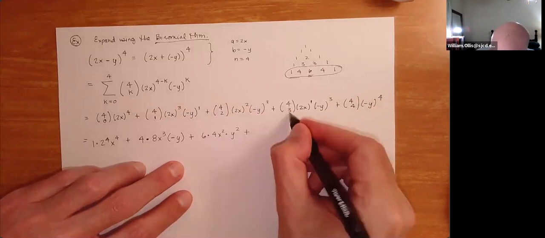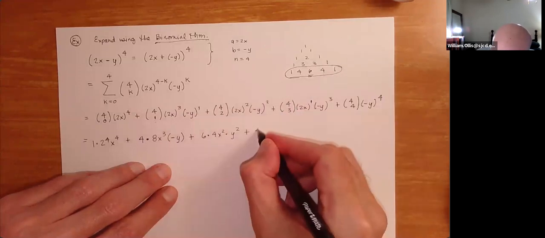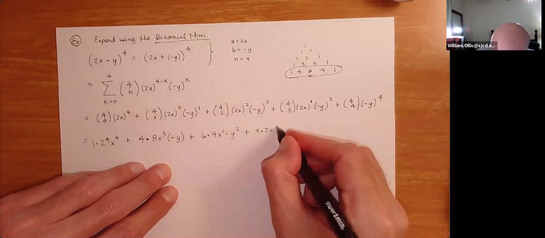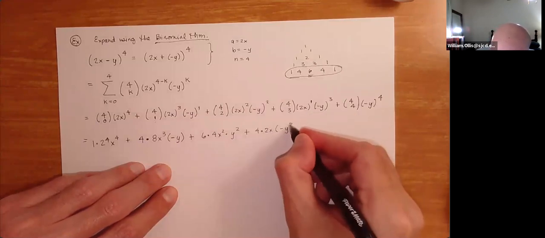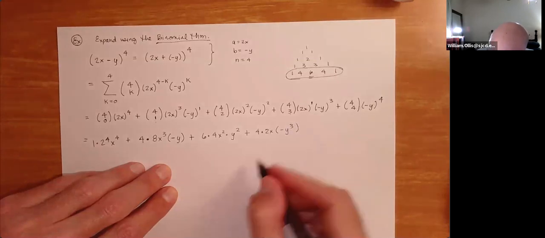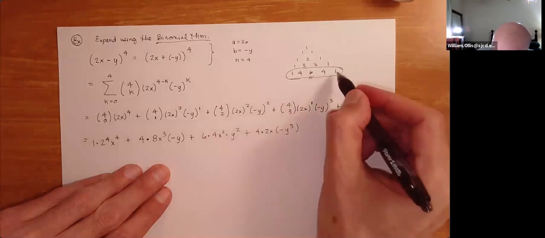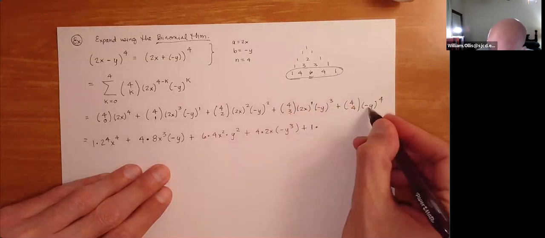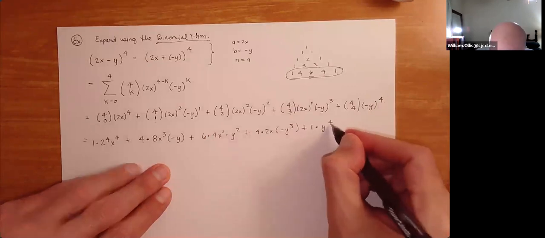Plus 4 choose 3, which is 4 choose 1, which is 4. So we have 4 times 2x, and now times, of course, the negative survives, negative y cubed. And then lastly, 4 choose 4, like 4 choose 0, that's 1. So we have plus 1 times, and then of course, a negative 1 raised to the 4th power is absorbed, so we get y to the 4th.